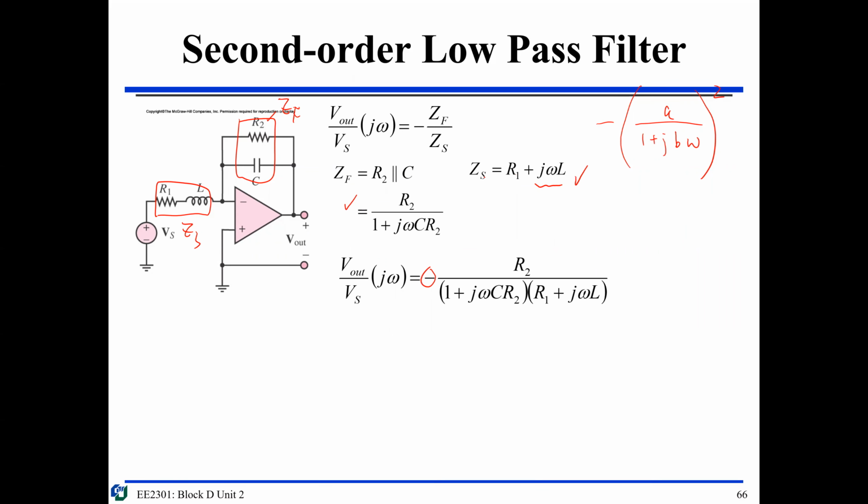So 1 over ZS, ZS is this. So you get this. Okay. Others are just the same. So you can see in here you have two terms. What if you make these two the same? L and C are the same, then you will be able to write a square root like this, right?